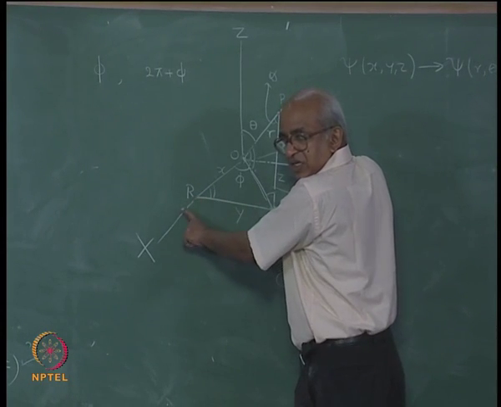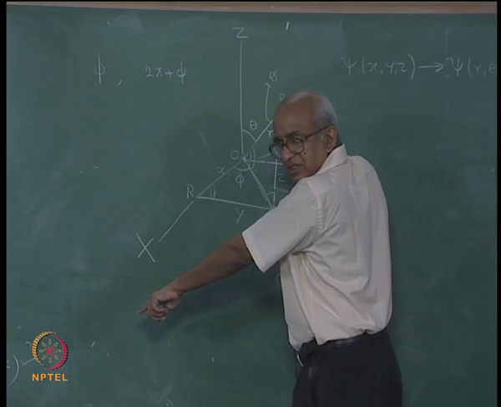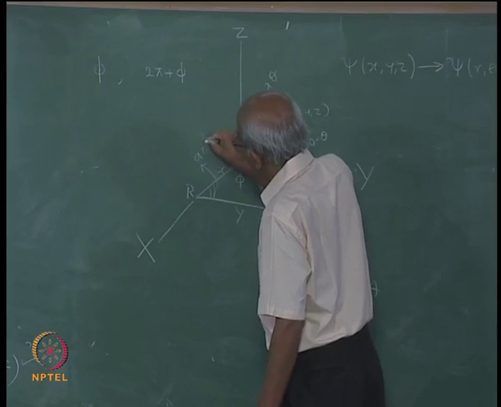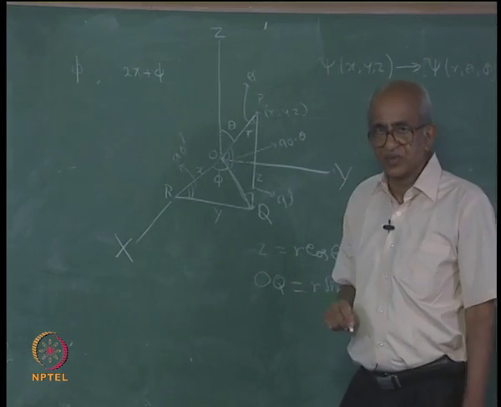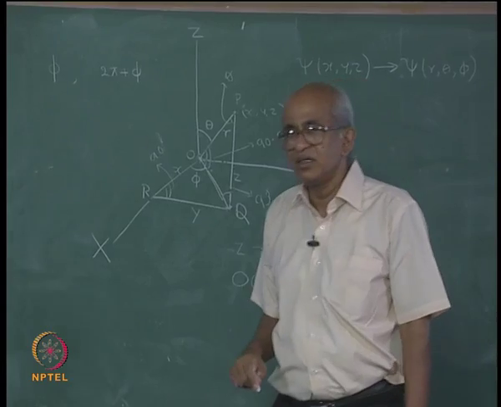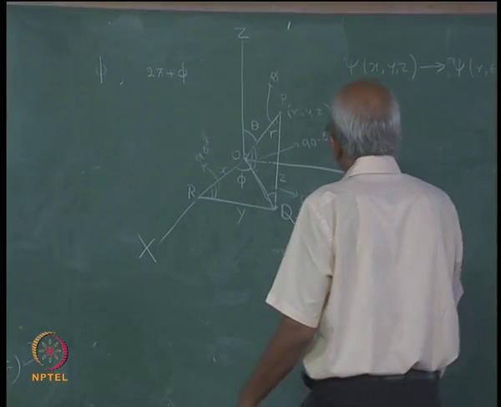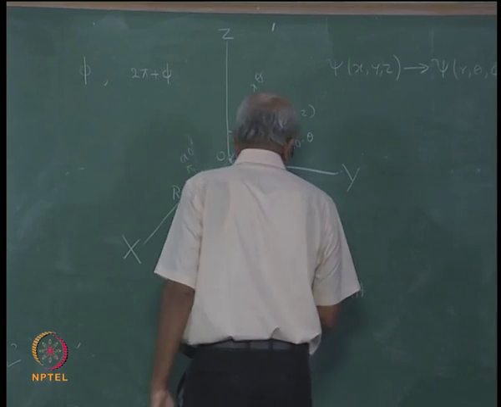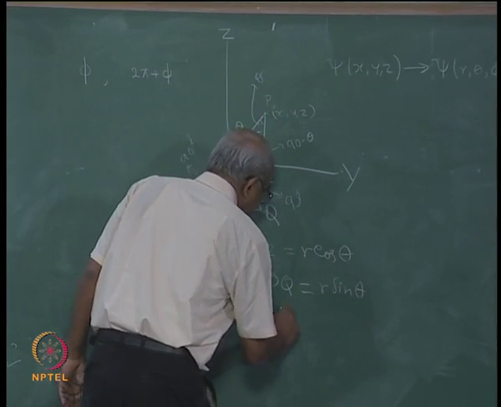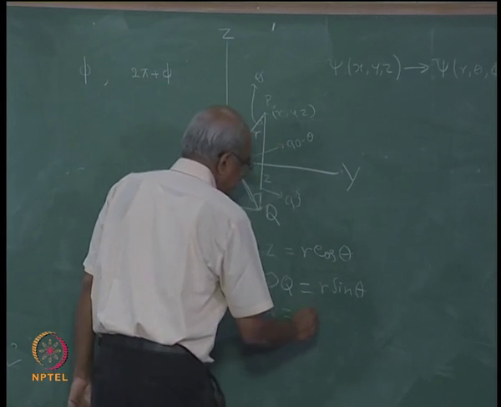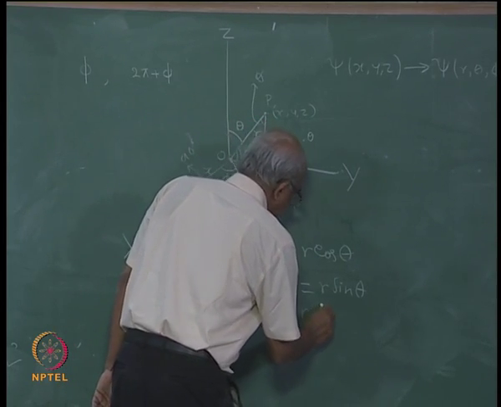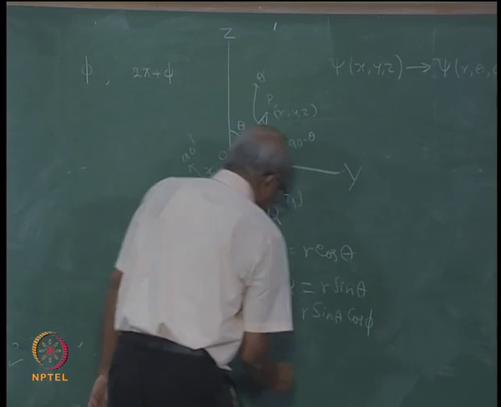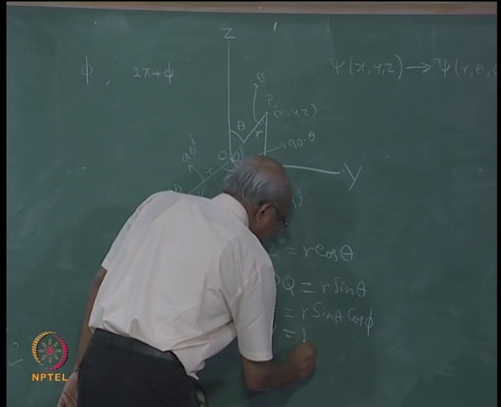This line actually is perpendicular to the x axis, and therefore, this angle has to be 90 degrees, even though it does not appear to be so. So, this is another right angle triangle, right. And using trigonometry, you can show that x must be equal to r sin theta cos phi, and y must be equal to r sin theta sin phi.